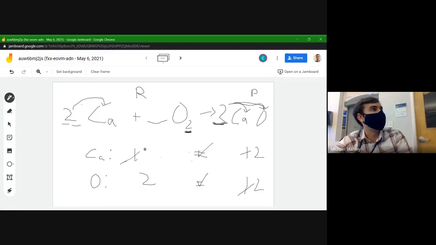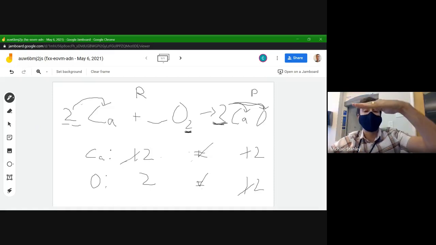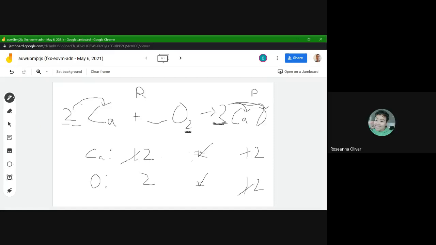So there's not 1 anymore, there's 2. The 2 doesn't mean that you're adding in 2 extra Cas that weren't there before. It's essentially just saying that before there was 1 Ca, but now you've bumped it up to make it where there's 2 Cas. Okay, that makes sense.